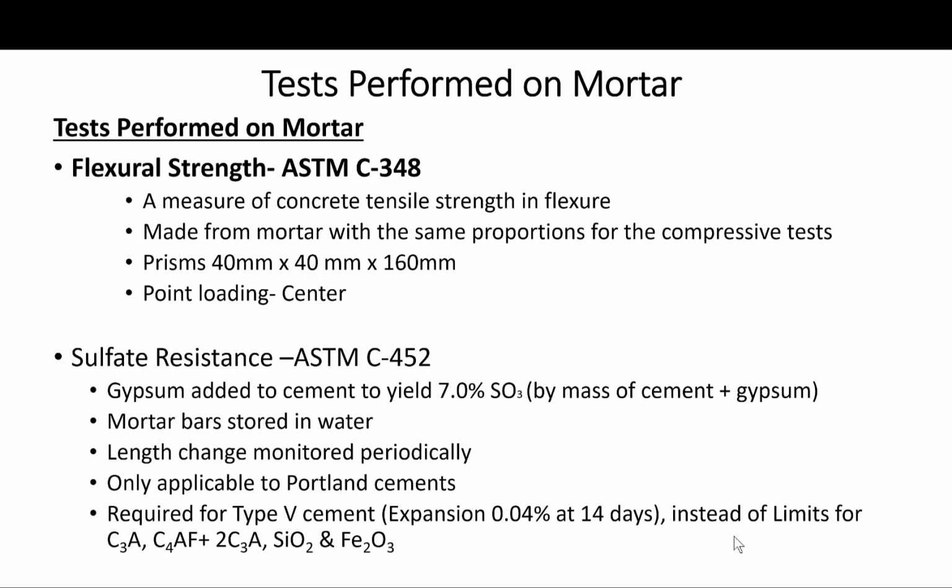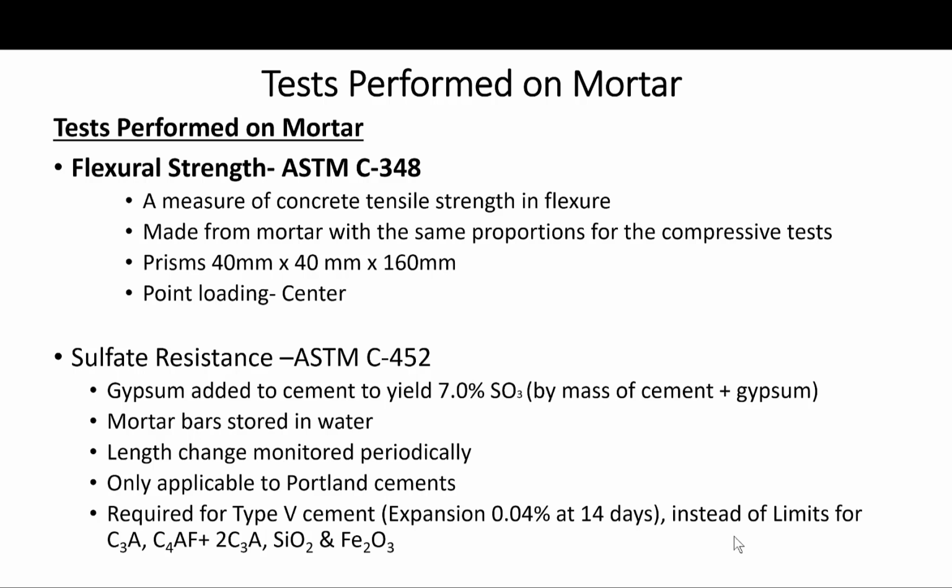The last test I'm going to mention here, just for completeness, is the sulfate expansion. Strictly speaking, there are no really suitable tests available for determining the resistance of a cement to sulfate attack. But ASTM C452 can provide useful information, and this is required for type 5 cements if you refer back to that table.